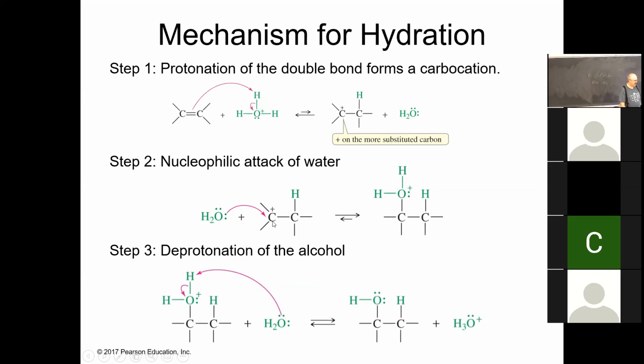And then water attacks, not hydroxide, because remember we're doing this in dilute acid solution, so the hydroxide concentration would be very low. So water attacks, we get this oxonium ion, as it's called. We have excess water. Water removes this proton, and we get an alcohol, and then we regenerate our hydronium ion catalyst.